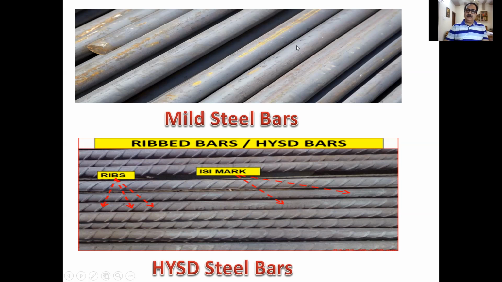All these steel bars are considered good if they possess the ISI stamp on them. Good companies provide the ISI mark along with the grade of the steel and the IS code according to which they have manufactured that particular steel. So we can see from these two pictures that mild steel bars are plain bars and HYSD bars have projections and more yield strength as compared to mild steel bars.